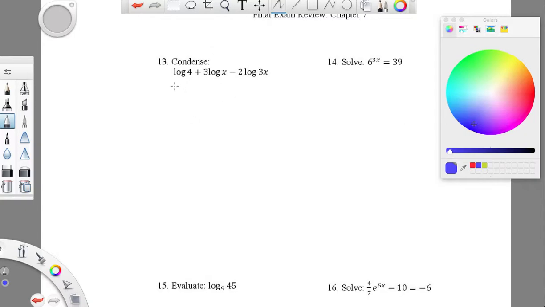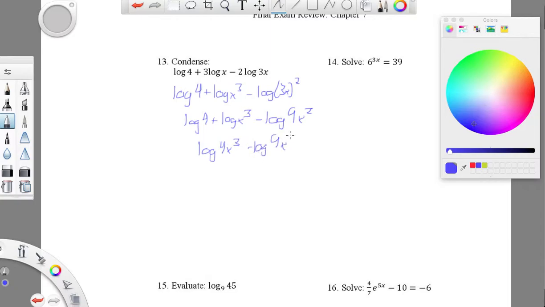So again, the very first property that we use is the power property. And this becomes 3x squared. So I get the log of 4 plus the log of x to the 3rd minus the log of 9x squared. Going to use the product property here, so the log of 4x to the third minus log of 9x squared.